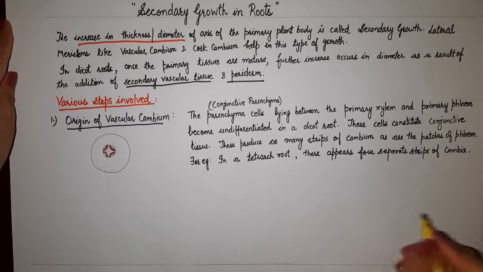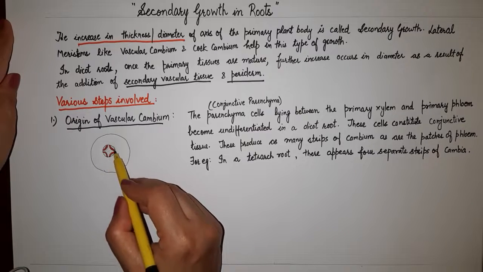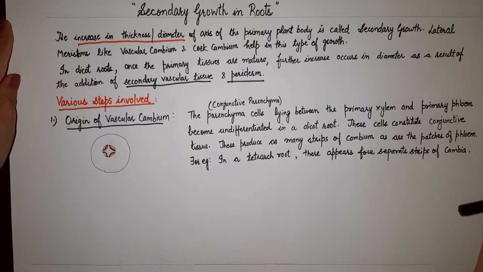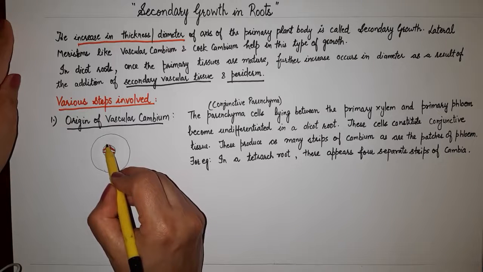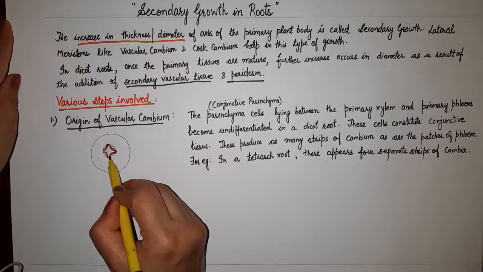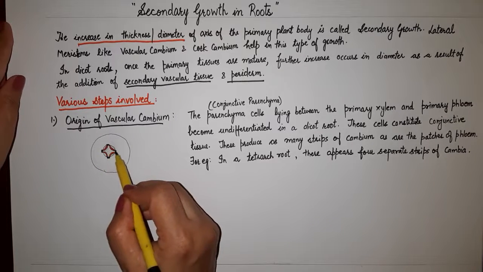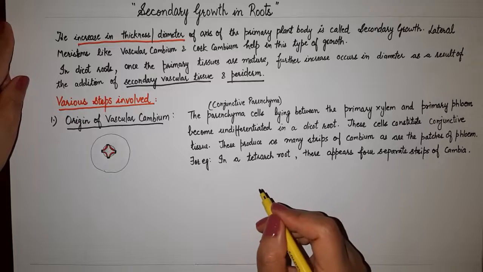Cambium is a singular word, and cambia is for plural. So how does this strip become continuous? Okay, now the cells in the region of pericycle here outside, they will also become meristematic so that the strip of cambium is complete.